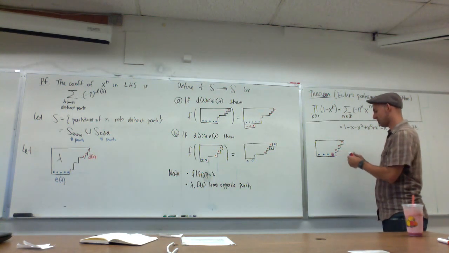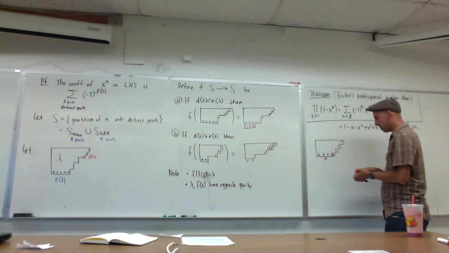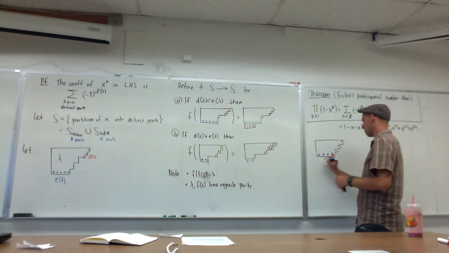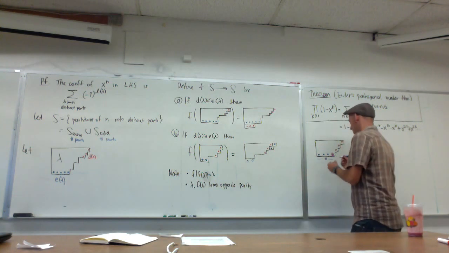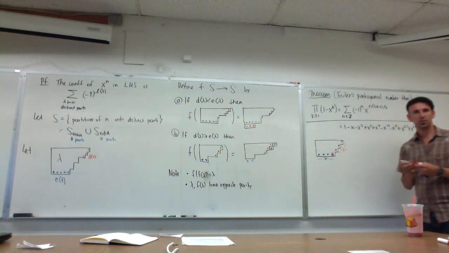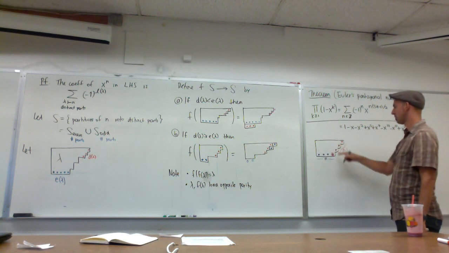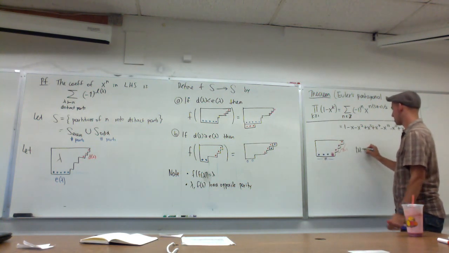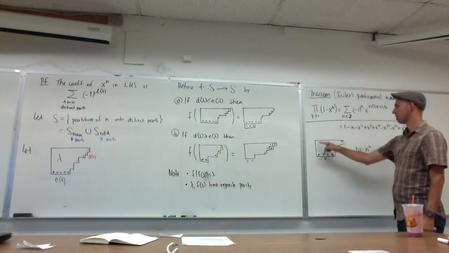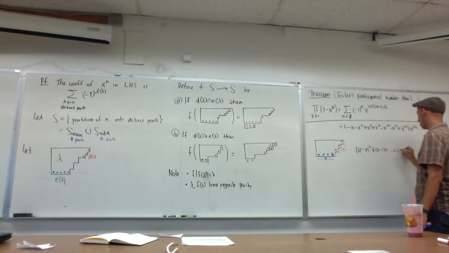And this is when this is n, and this is n minus 1. Okay? In which case, what's the area here? I have n squared plus n minus 1 plus n minus 2 plus ... plus 2 plus 1.